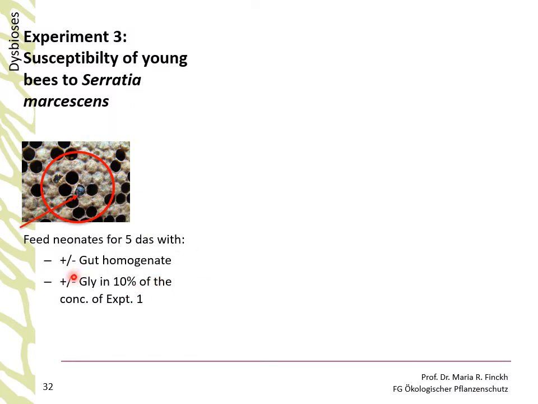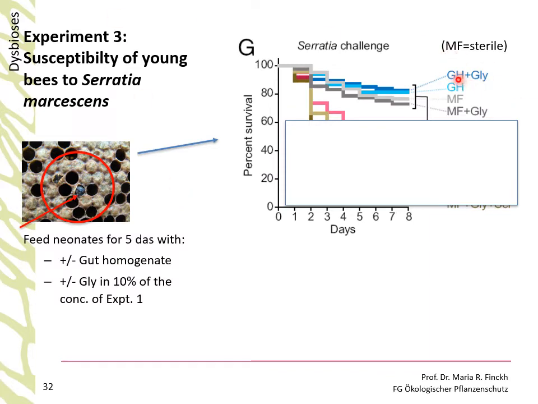So again, they got gut homogenate or sterile glucose, with or without glyphosate. So a total of 4 treatments. What you see here: gut homogenate plus glyphosate, gut homogenate without glyphosate, microbial free, which means sterile, and microbial free plus glyphosate.